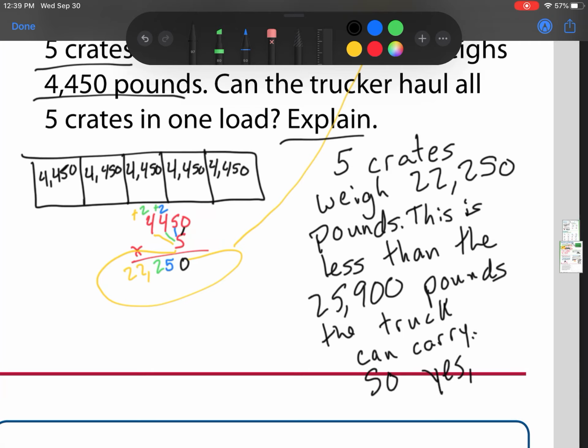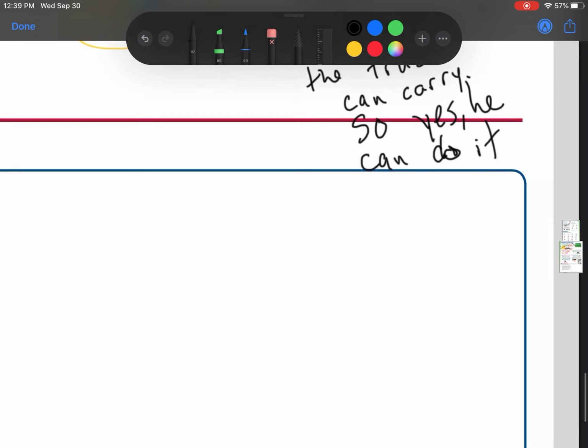So yes, he can do it in one trip or one load.